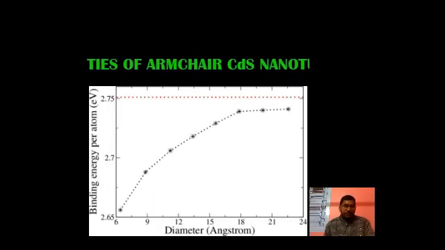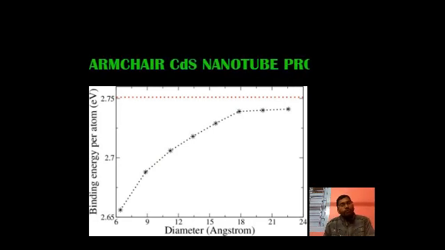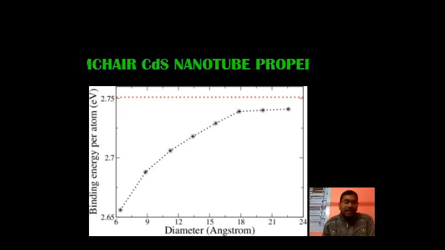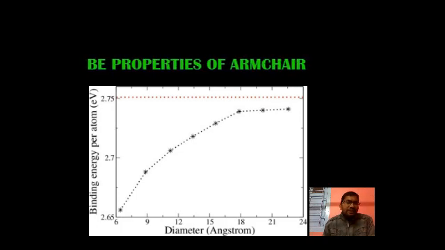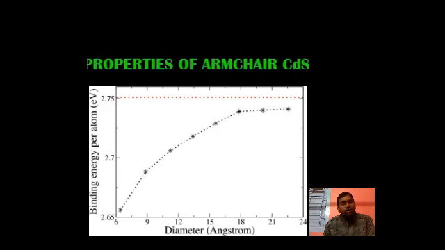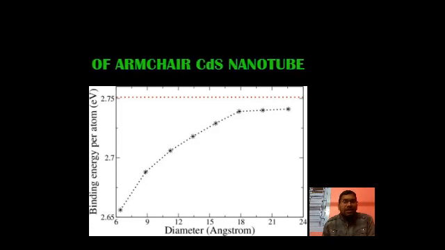Look, this is the plot of binding energy versus diameter of a cadmium sulfide nanotube. If we increase the diameter of the nanotube, we see that its binding energy also increases, and after a certain diameter it becomes a constant or saturation value.